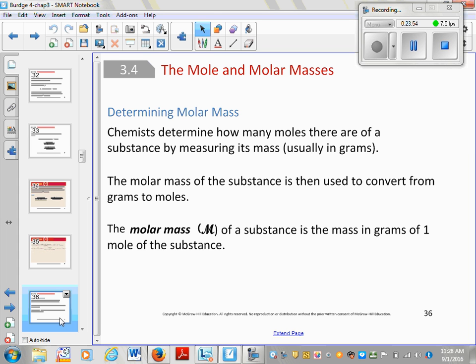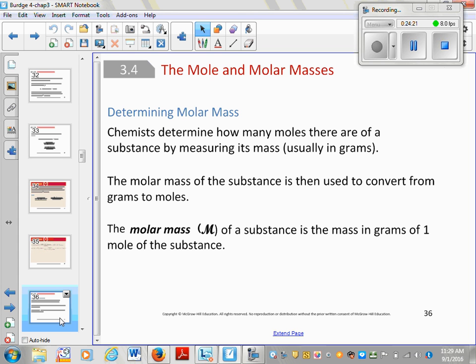What's that mean? Well, remember, we said carbon-12 was used to define a mole. It's the number of atoms in carbon-12. So 1 mole of carbon-12 contains 6.022 times 10 to the 23rd carbon atoms.